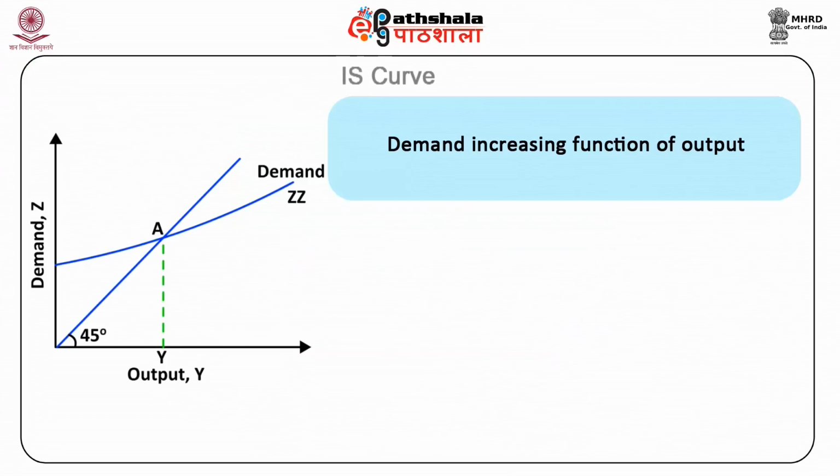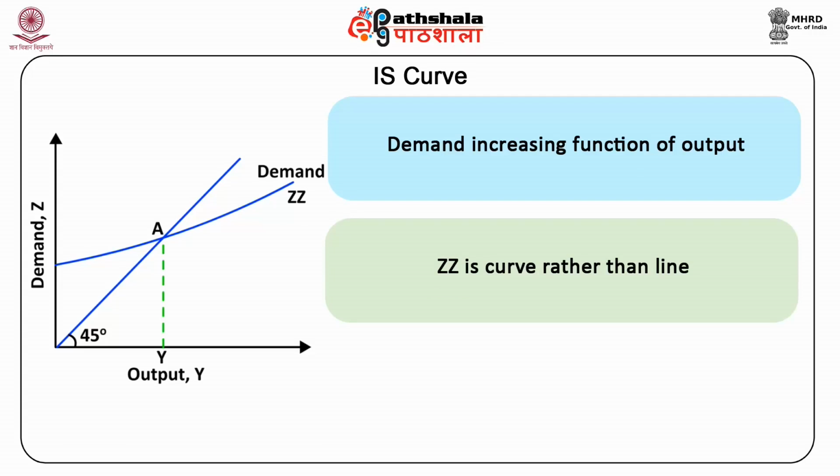Demand is an increasing function of output for a given interest rate and can be represented by the ZZ curve in the given diagram. As we are silent on whether consumption and investment functions are linear, ZZ is a curve rather than a straight line.